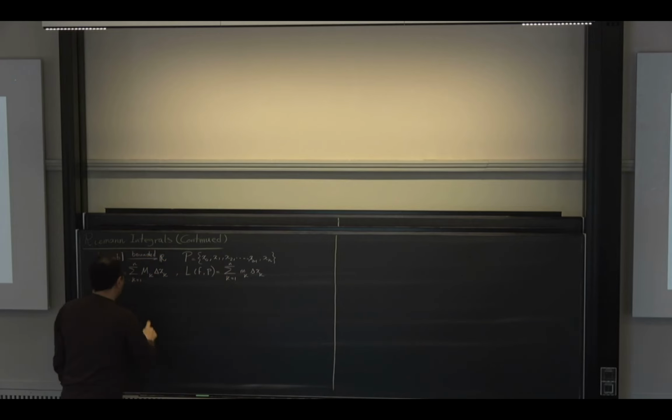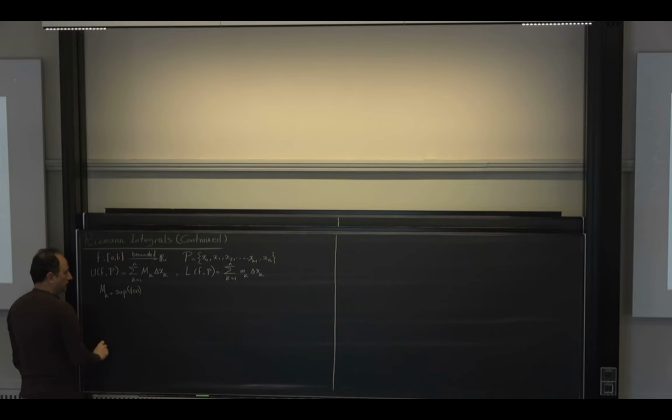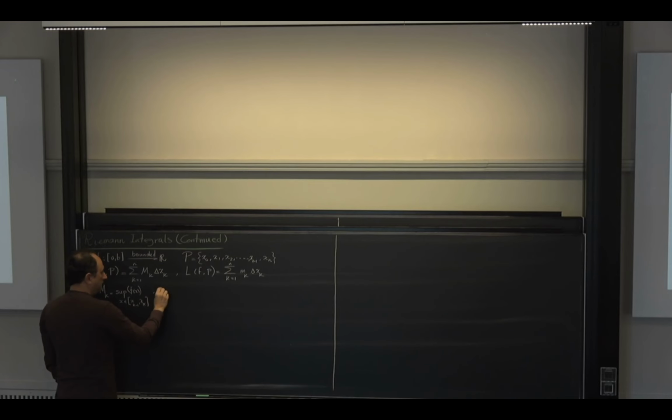So if I ask you what is this capital M sub k, if you remember, it is defined to be the supremum of the values of the function where x belongs to the kth subinterval. And then little m sub k is defined to be the infimum of that set.